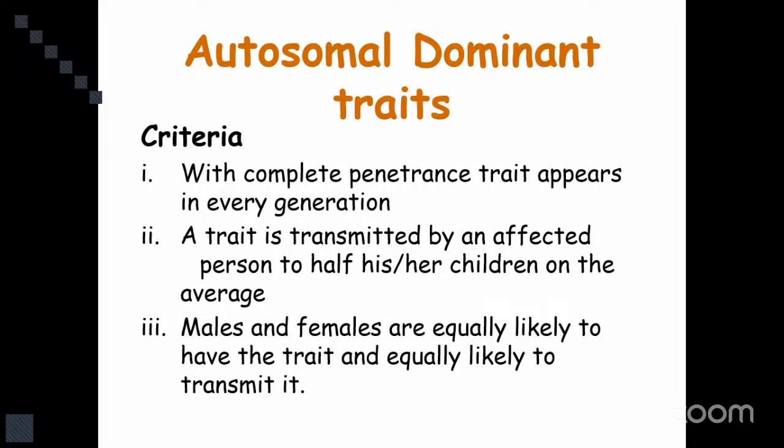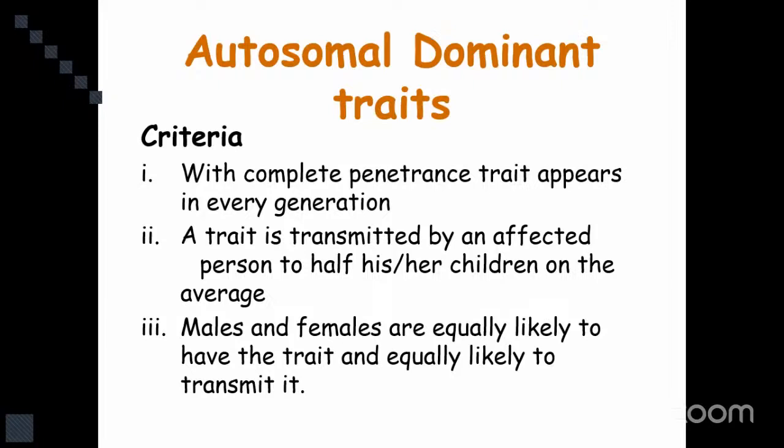So it will not hide itself. In instances where you have 80 to 100% penetrance, there is going to be an expression of the trait. So anybody can see that the individual is carrying this disorder. Number two, the trait is transmitted by an affected person to half of his children on the average.